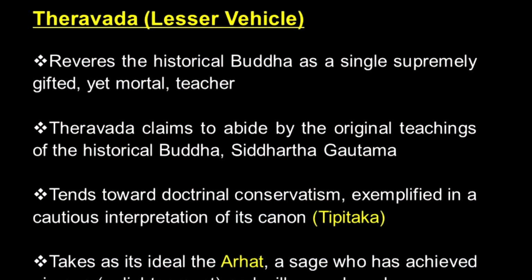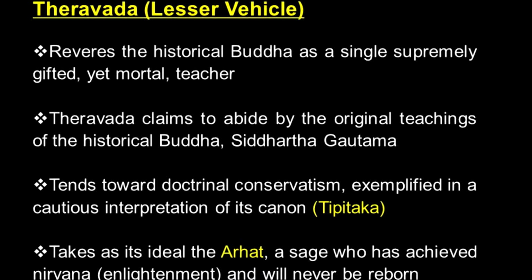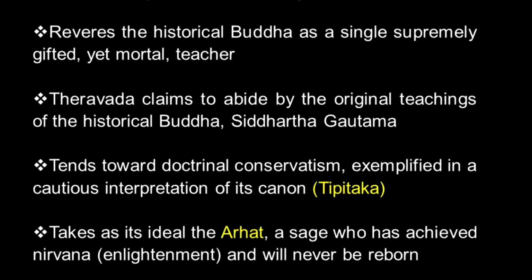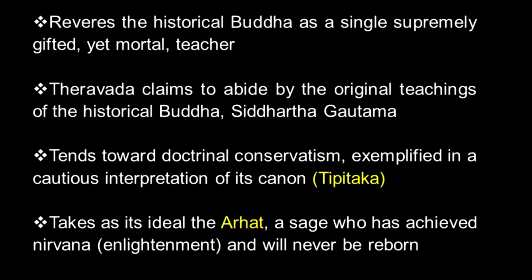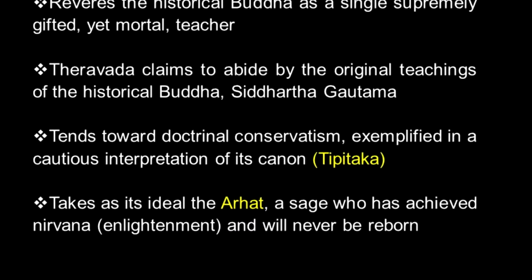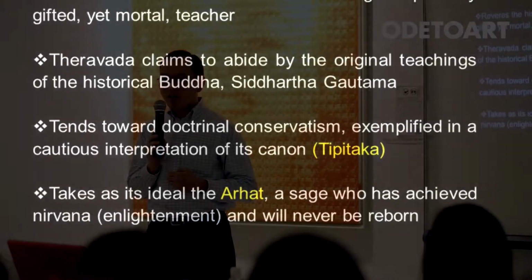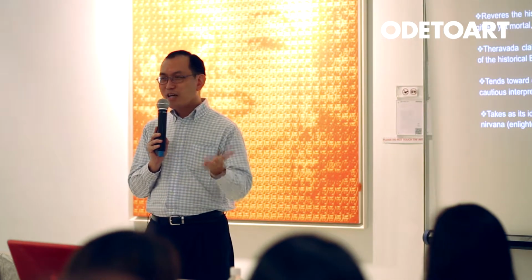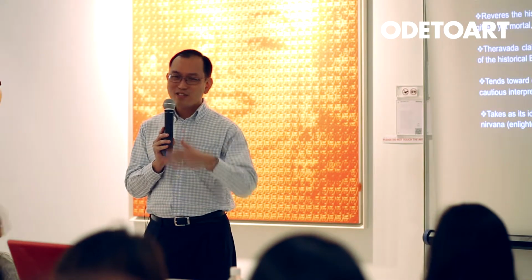Now the oldest, or earliest, form of Buddhism is what you call the Theravada, also known as Hinayana Buddhism. It was in fact given this derogatory term by the other sect, and so it's also known as the lesser vehicle.